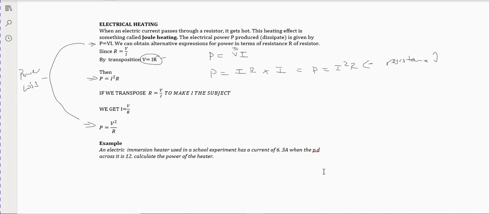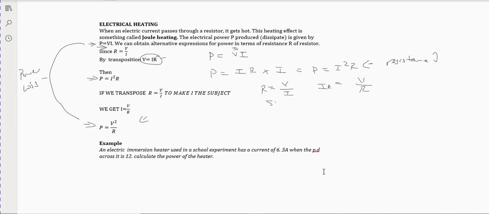Then there's another way we can find the power as well. Using our Ohm's law equation again, we know that R is equal to V upon I. Transposing that to make I the subject, I is now voltage divided by resistance. We want to substitute I in our power equation.